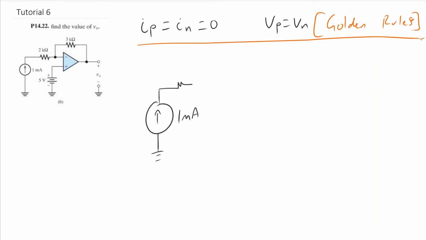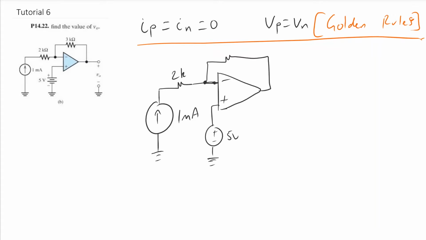So, a 2K resistor coming into my op-amp here, inverting and non-inverting terminals, 5-volt source down to ground, 3K feedback resistor over the top, and we are measuring our output voltage here, VO.